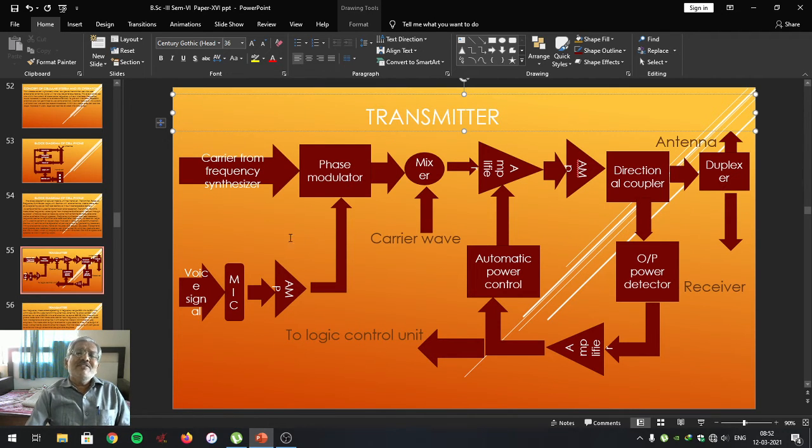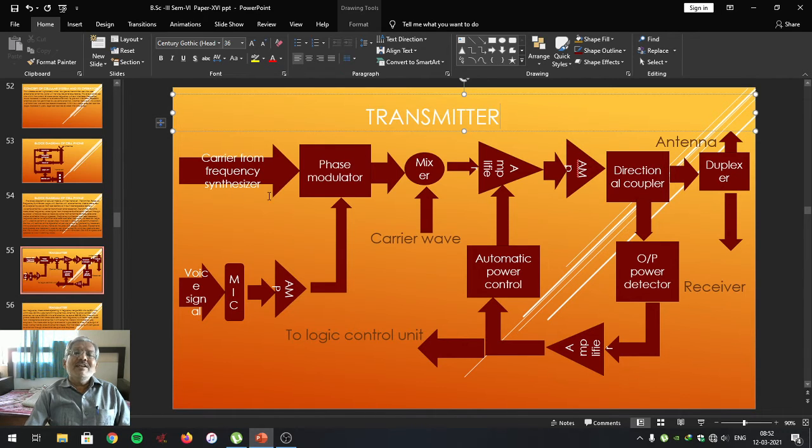A similar concept is used here also. Here sound signal frequency and carrier frequency, both the signals are compared in a phase modulator and output is generated as a phase modulated signal.